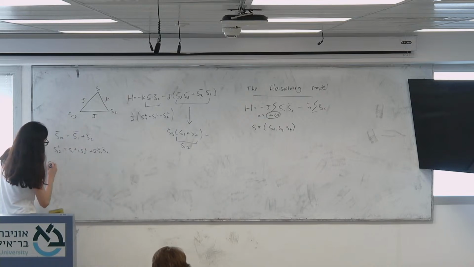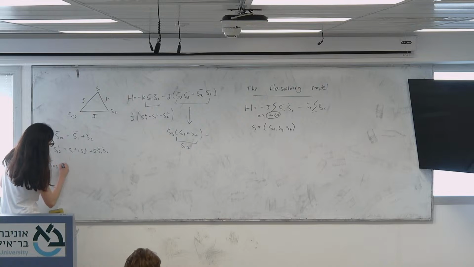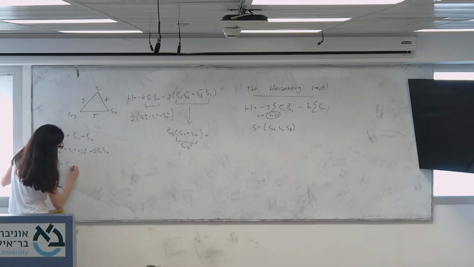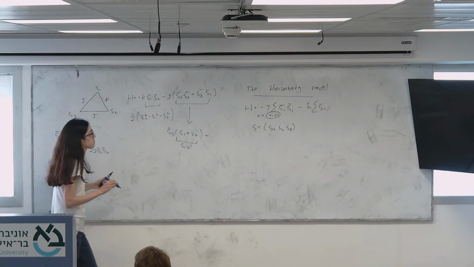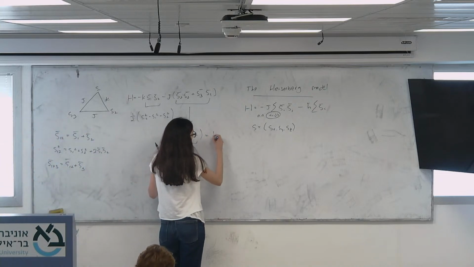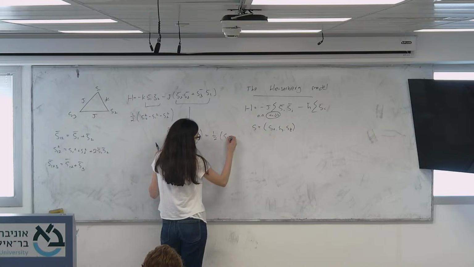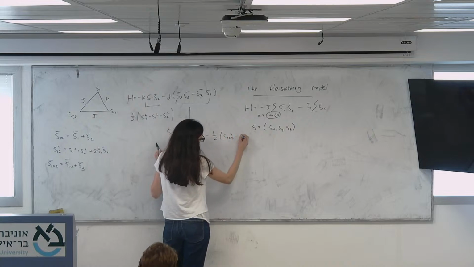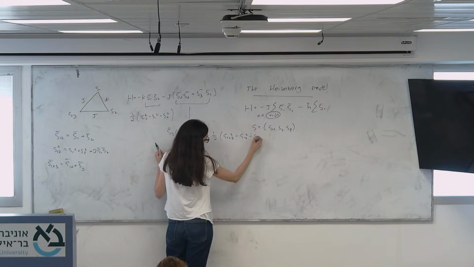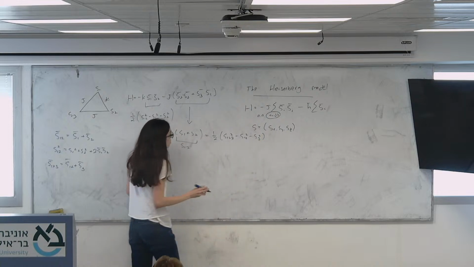We're going to define S123, which is S12 plus S3. And then this is going to be half S123 square minus S12 square minus S3 square.